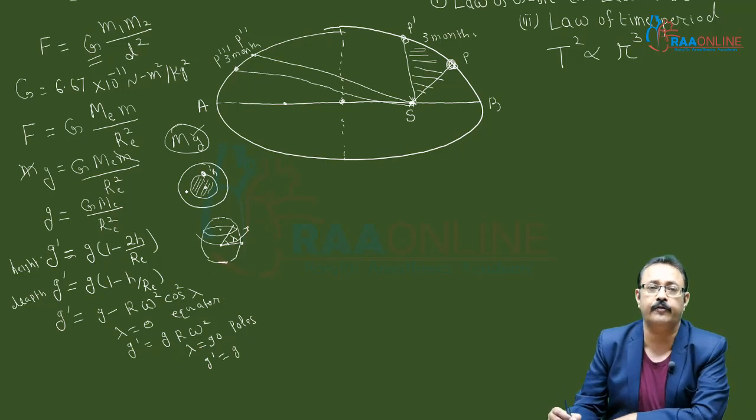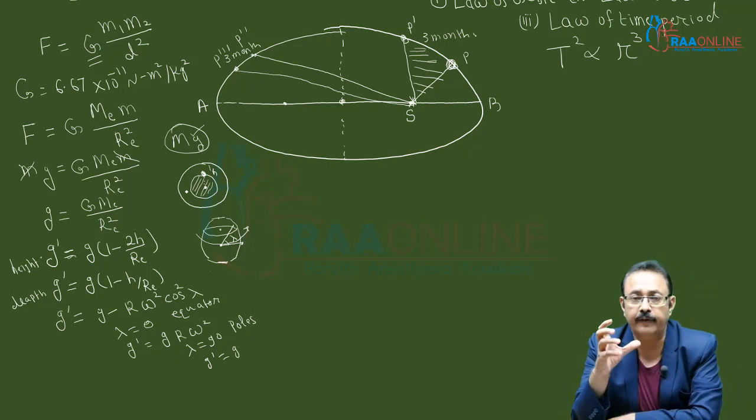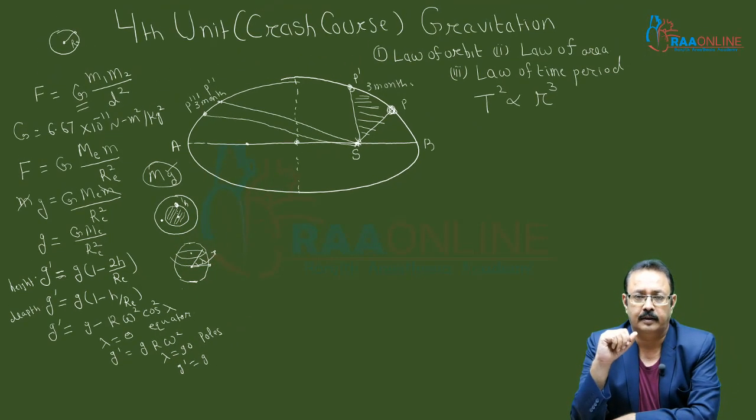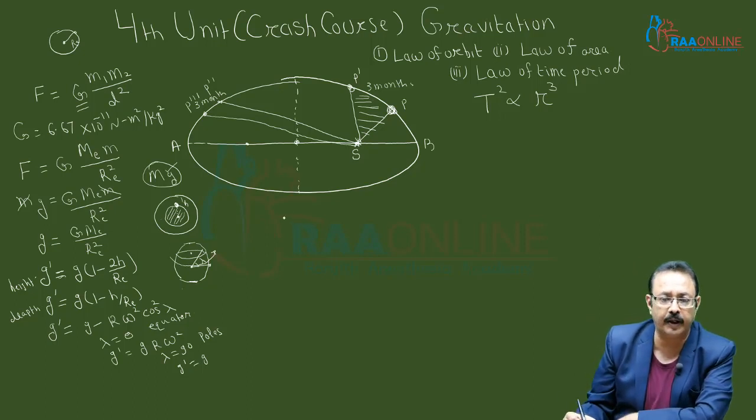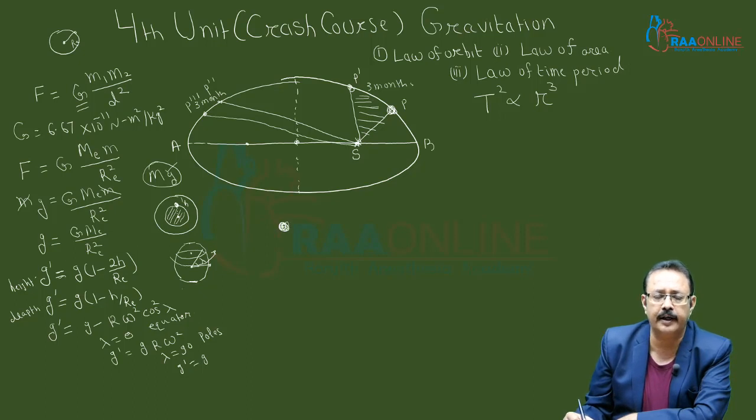Now, like the electric field, masses produce a gravitational field. Why are we talking about the gravitational field? If I put one mass at this point, due to gravitational attraction, it will attract another mass towards itself.